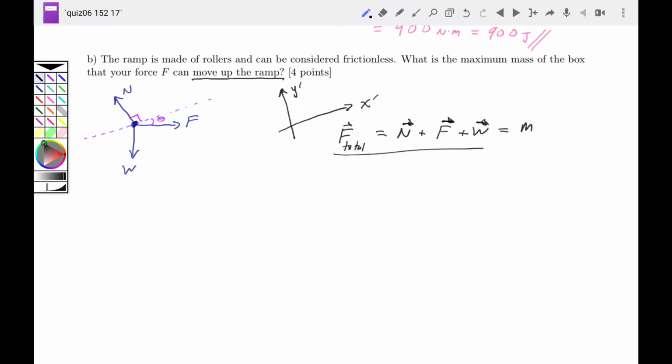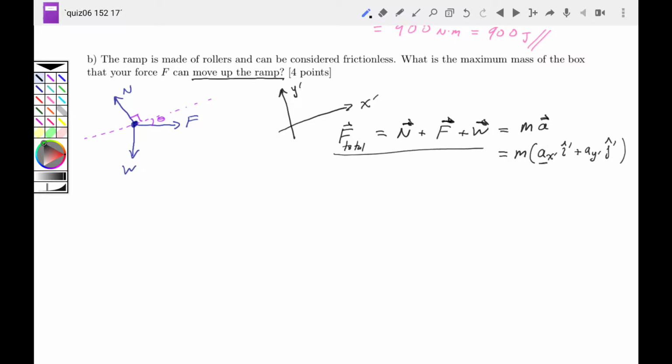The Newton's second law part is setting the total force equal to the mass times the acceleration, in particular the mass times a x prime in the i hat direction plus a y prime in the j hat prime direction.